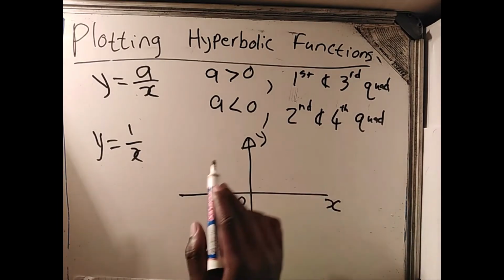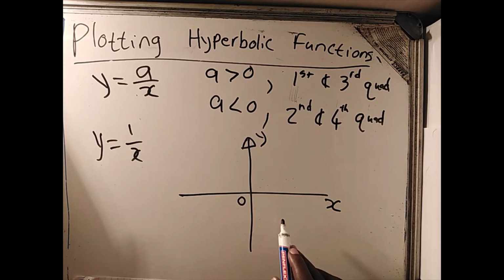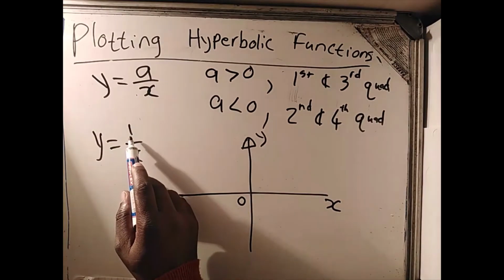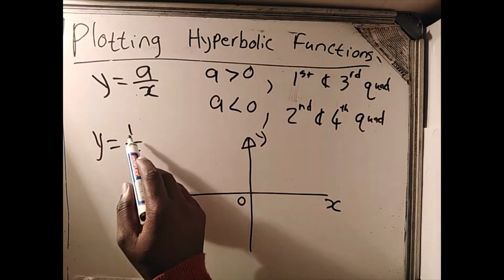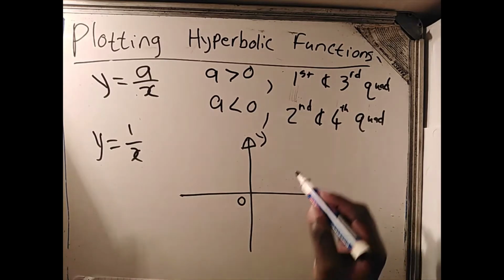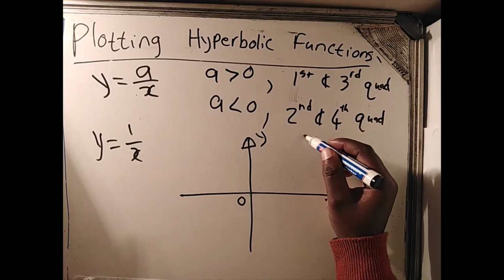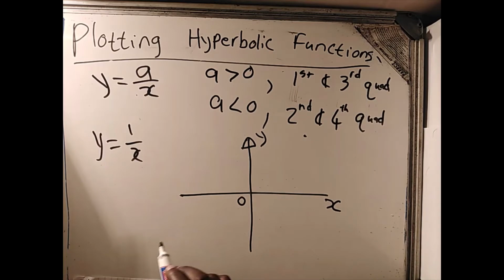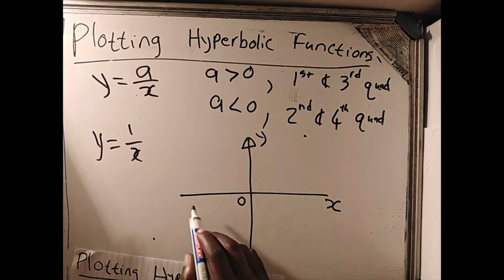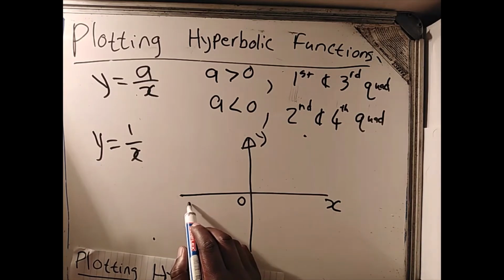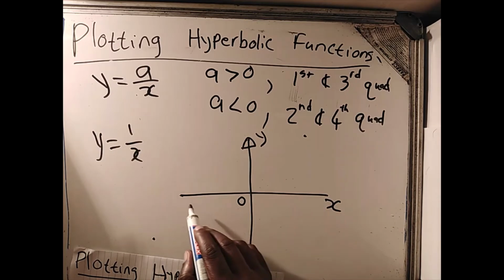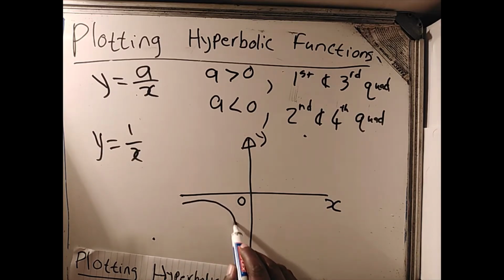This is the first quadrant, this is the second quadrant, this is the third quadrant, this is the fourth quadrant. Because this value is positive, your graph is going to be here and here. Let me demonstrate that one using a fundamental graph.